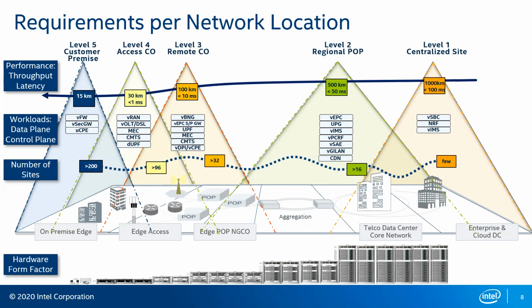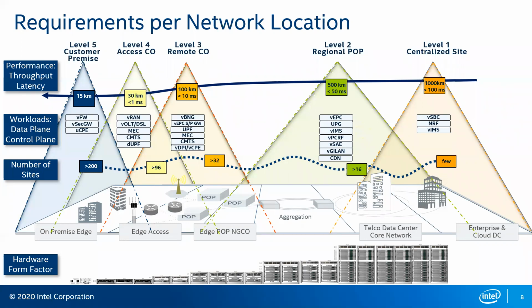And in the center here, I've listed multiple types of workload. All of them, I will call network functions. Some of them are more demanding, more of what we call user plane or data plane workload, such as the vBNG, the UPF, CMTS, the EPC.